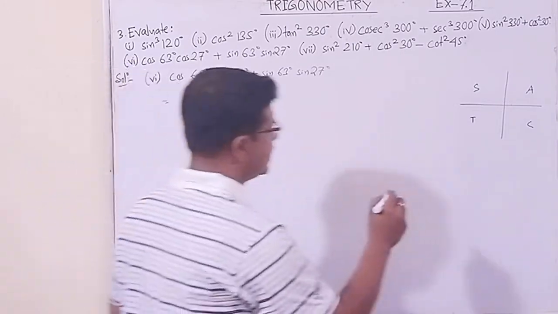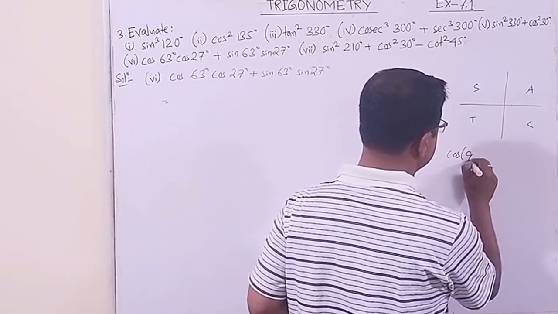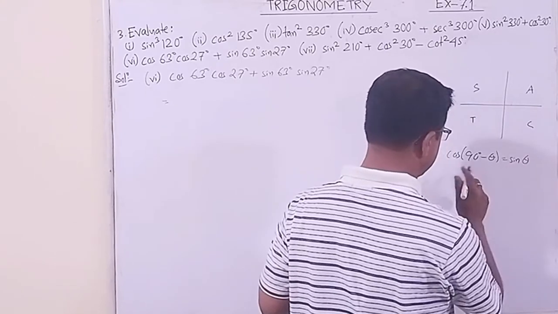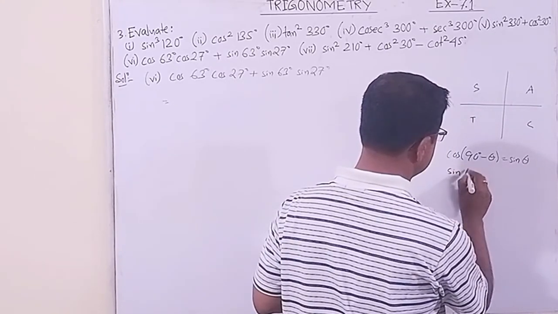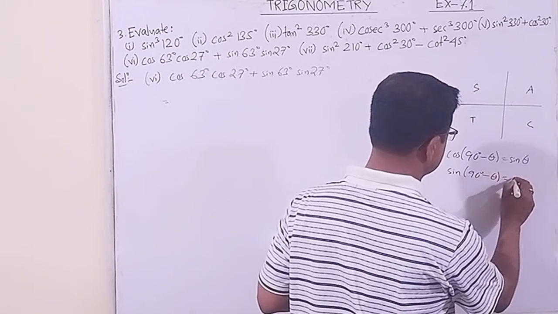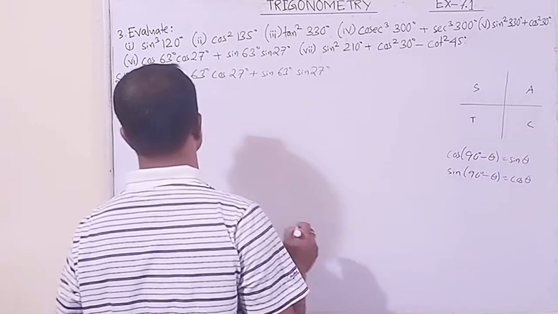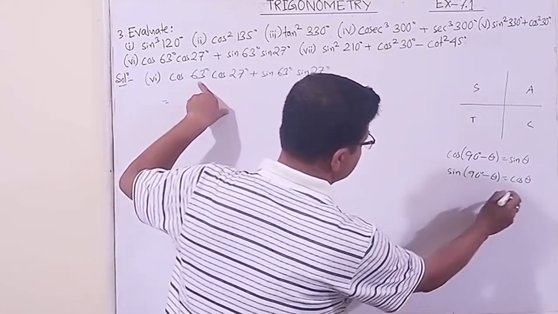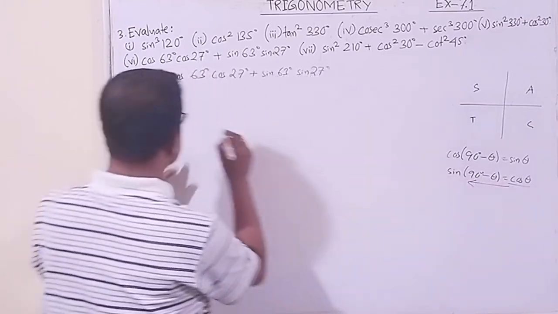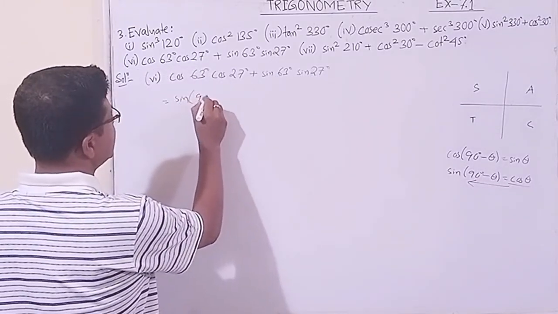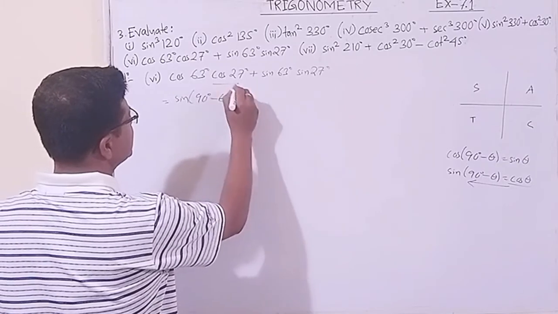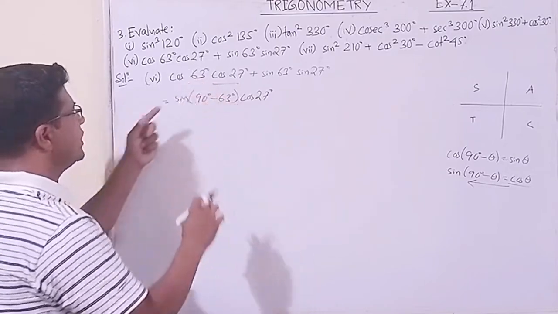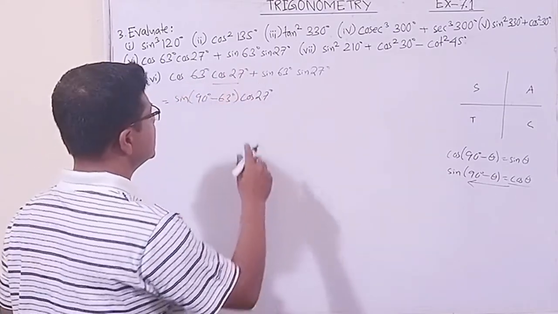Now you know that cos of 90 minus theta is sine theta, and sine of 90 minus theta is cos theta. Here only sine and cos are there, so I am using only those formulas. If it is written as cos 63, we can convert it to sine of 90 degree minus 63 degree, which is cos of 27 degree. The bigger angle we are converting into the smaller angle.